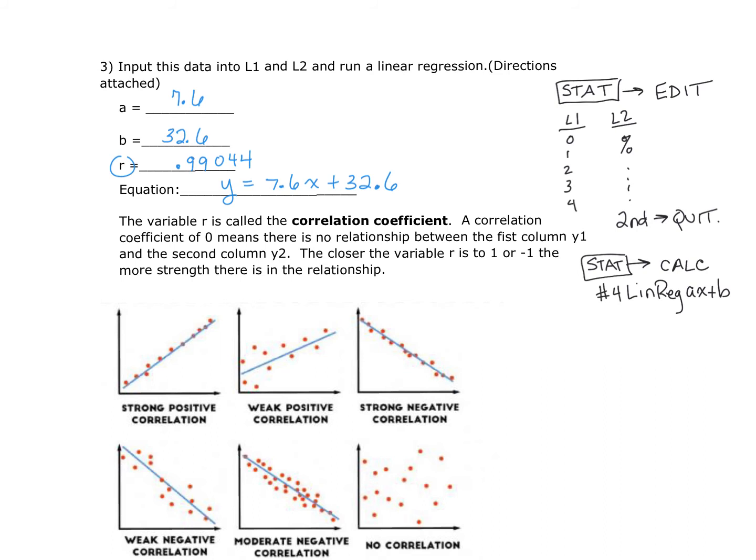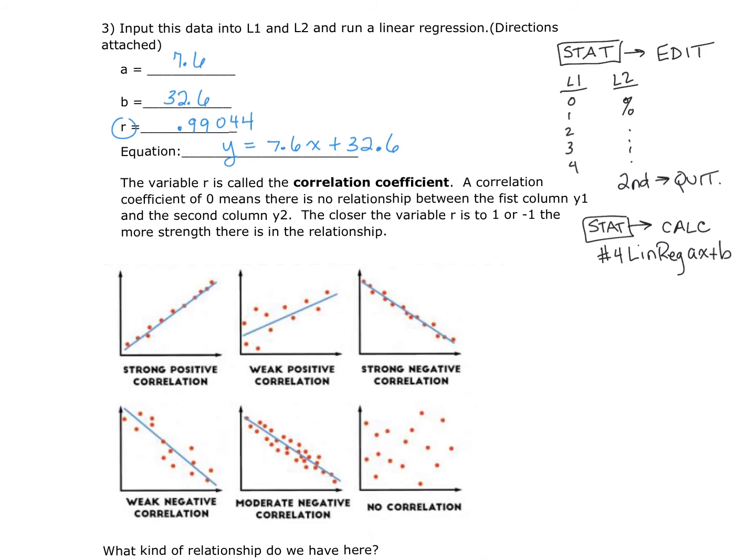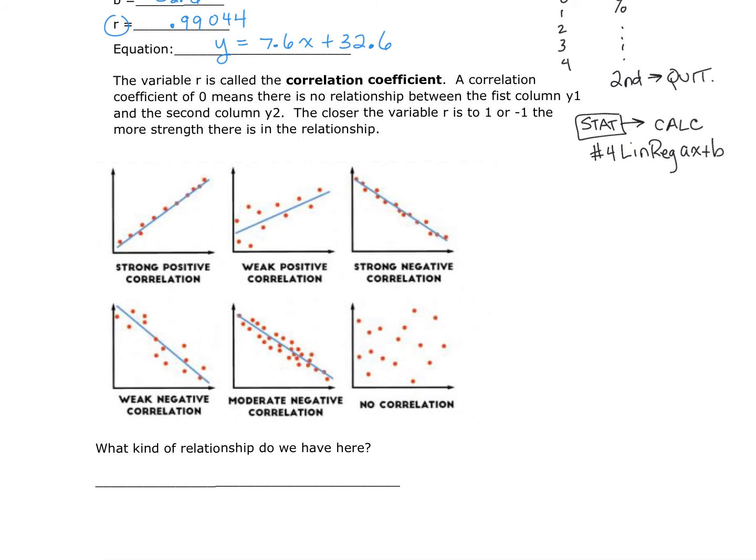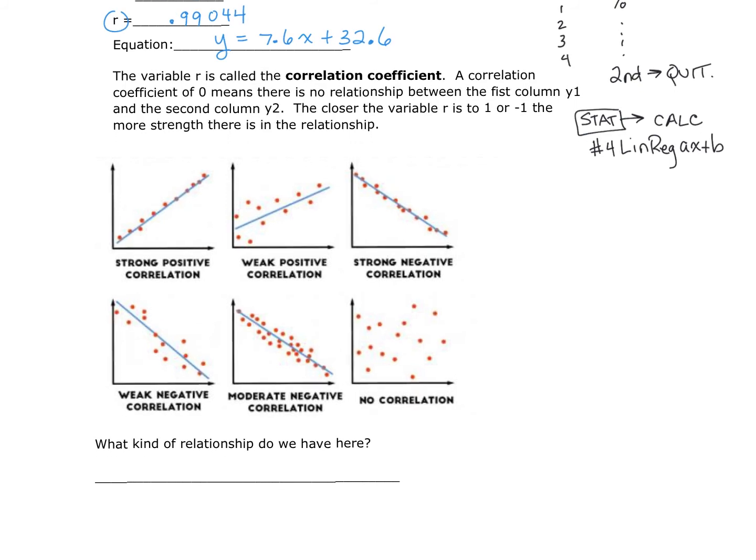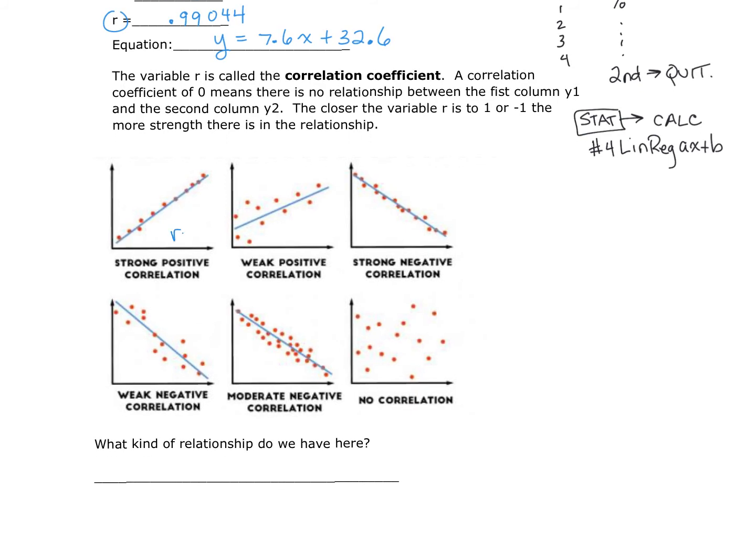So when we're looking at these 6 examples that I've given you here, I'm going to put down some guesstimates. A strong positive correlation would have a positive number close to 1, so we might have 0.89. The next one is weaker. It might have a correlation of 0.65. On the third one, we're going down. It may have a correlation coefficient of negative 0.9, where the negative indicates that it's trending down.